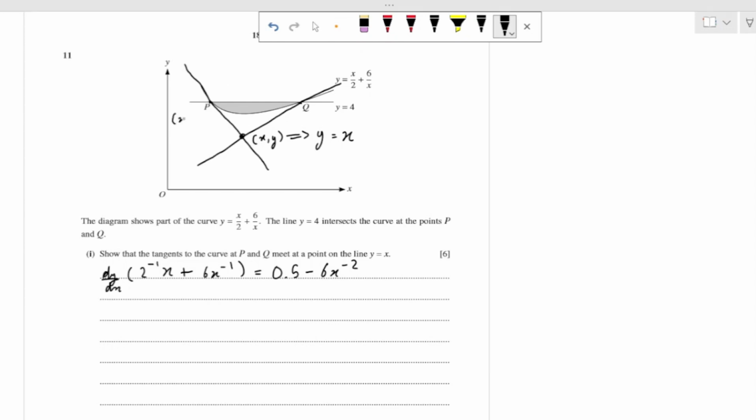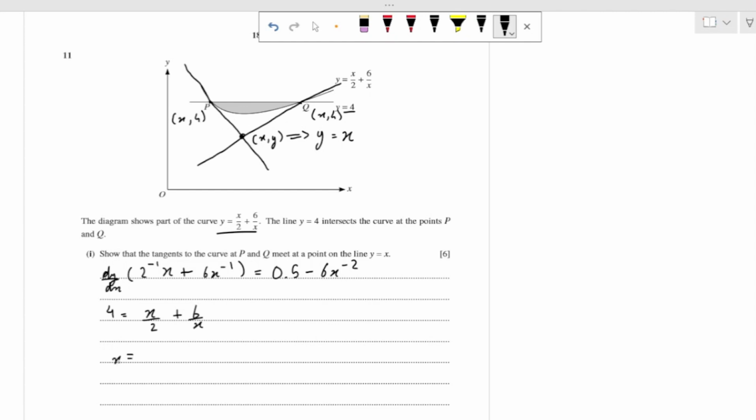So for P, we do not know what is x, but we know what is y, that is 4. Similarly for Q, we don't know what is x, but we know what is the y value, that is 4, because it's staying on a constant line, that is 4. So what we can do is simply equate this equation equals to 4, because we need to find the points of intersection first of all, x over 2 and 6 over x.